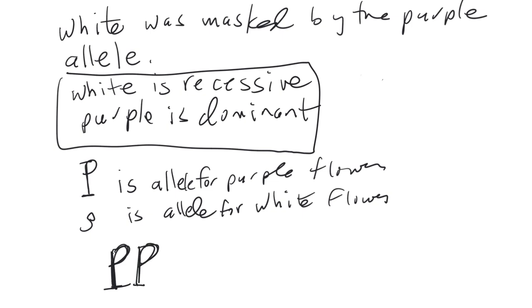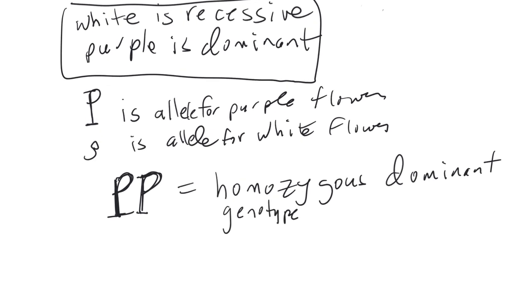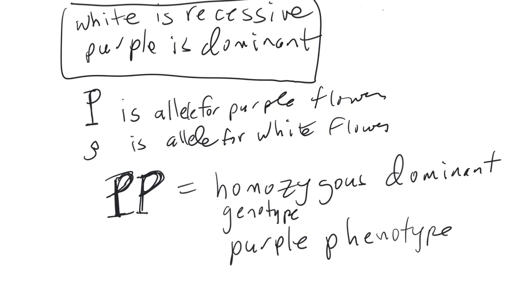So two big P's represent what we call a homozygous dominant genotype. Now, I'm showing the genes, I'm showing the alleles. So this is a homozygous dominant genotype. What's the phenotype of 2 capital P's? This would be a purple flower phenotype.